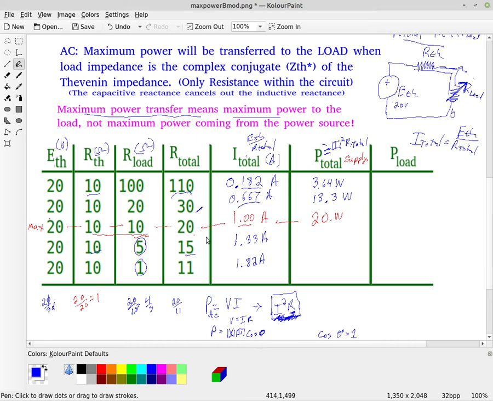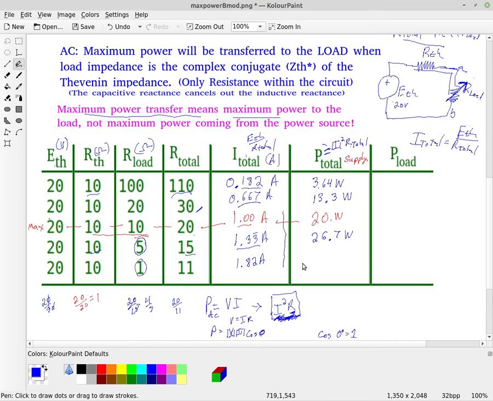Okay, so if we go to the next one, we're going to have 1.333333 squared times 15 ohms, and that's going to give us 26.7 watts. So again, our current is increasing, and therefore our total power being fed out from the voltage supply is increasing.